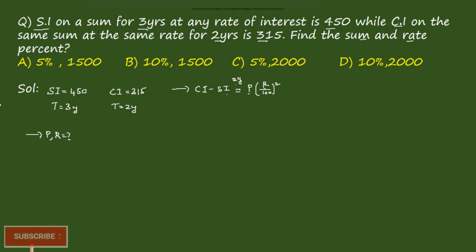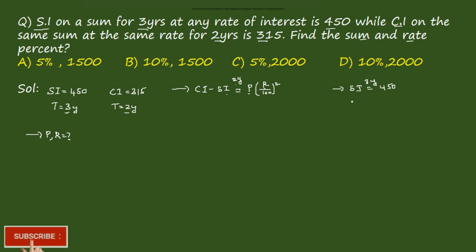But here in the question it is given that simple interest is for 3 years and compound interest is for 2 years. So we can find the simple interest for 2 years also, as we know the simple interest for 3 years. Okay, for 3 years it is given as 450, right?